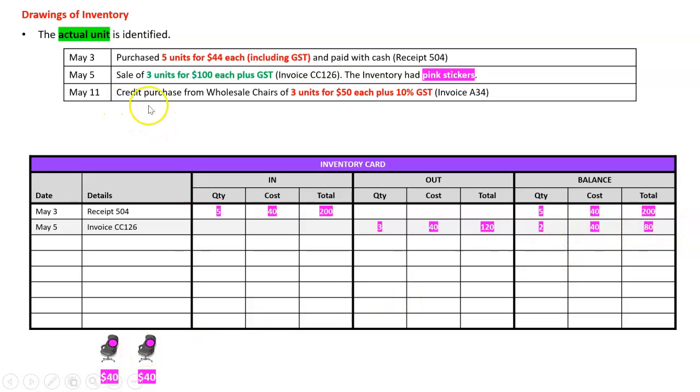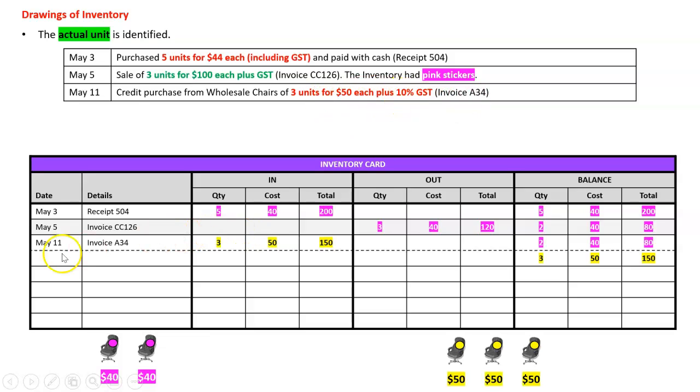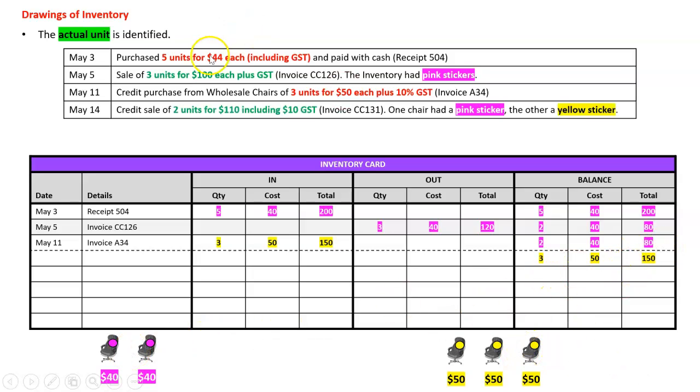We decided to buy more on the 11th: a credit purchase of 3 chairs for $50 each plus GST on an invoice. Date, invoice, 3 at $50 for $150. And because these are a different amount to the existing ones, which are $40, we're going to put a different coloured sticker on. We're going to put yellow stickers on these ones. So we've now got 2 at $40 for a total of $80 here, and 3 at $50 for $150 here. Then we sold 2 units for $110, including GST.